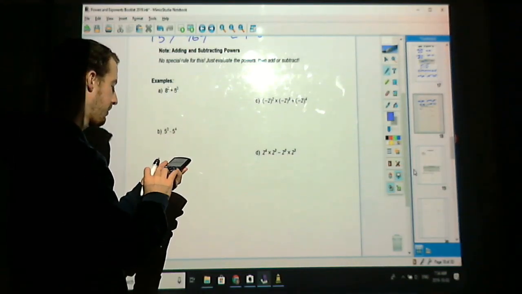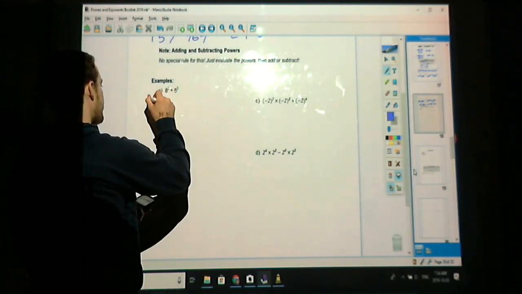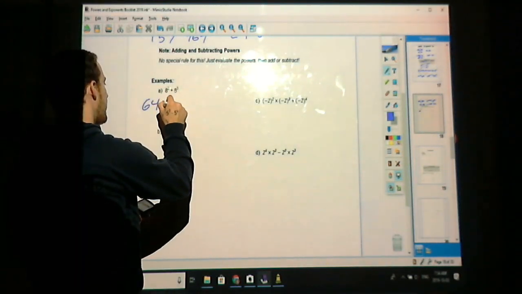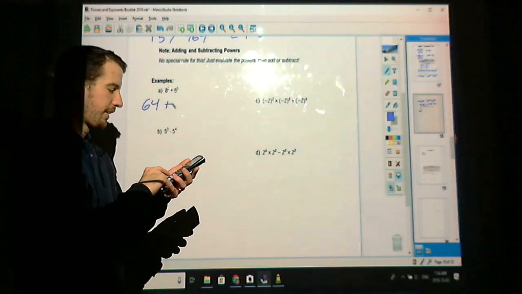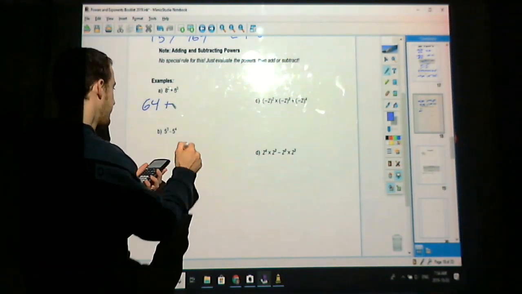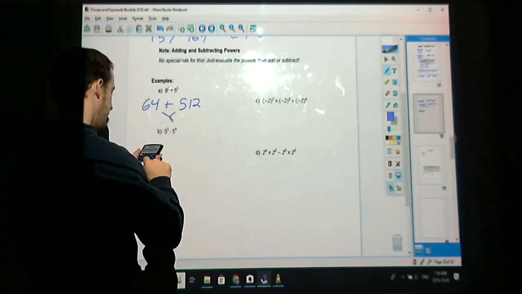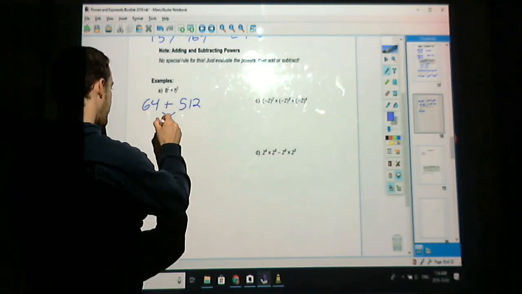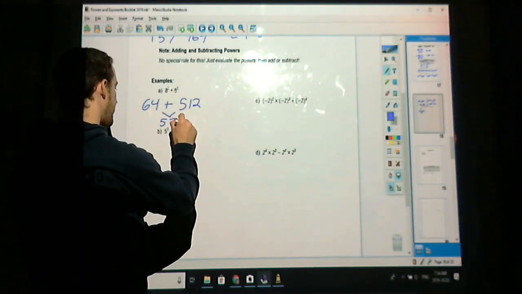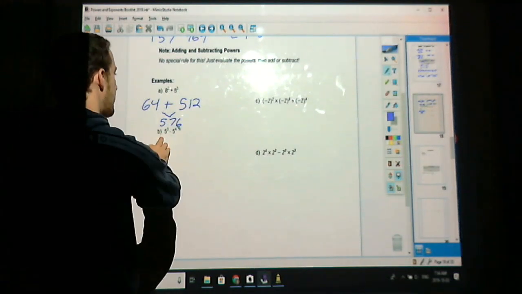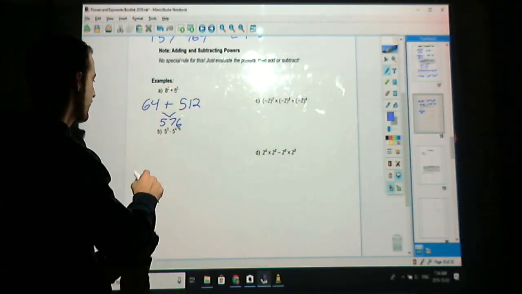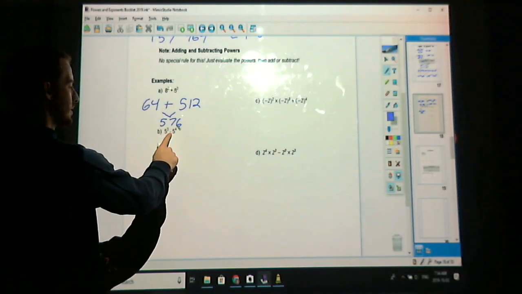So here we have 8 to the power of 2, which is 64. And we just do it the good old way, right? 8 to the power of 3, 512. We add these together, and we get 576. Okay, same thing down here with our next problem, it's a subtraction.